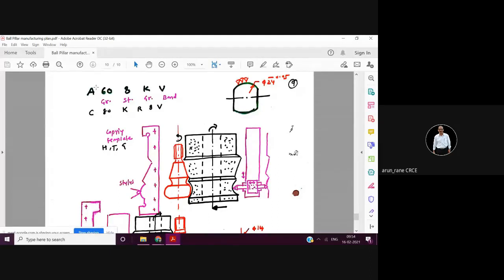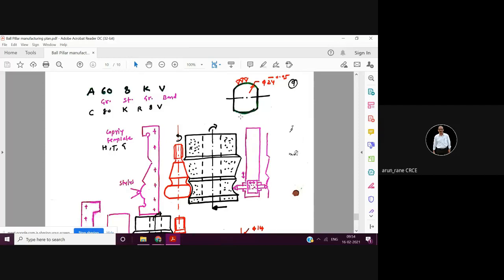But diamond abrasive wheels and CBN wheels are costly. The tools and inserts themselves are costly, so nobody goes for the diamond wheels and CBN wheels. Only in specific applications do we use diamond wheels or CBN wheels.